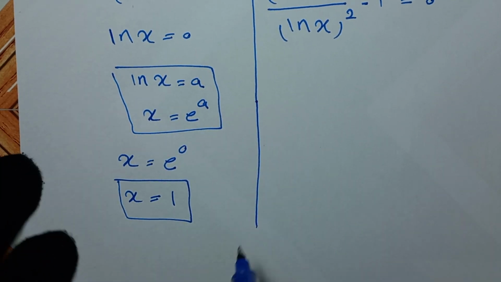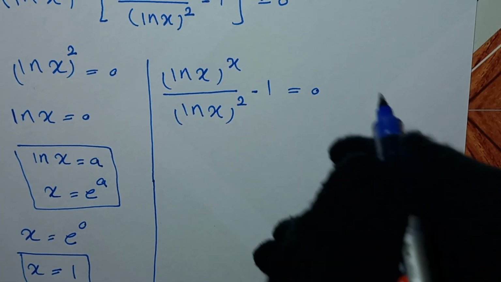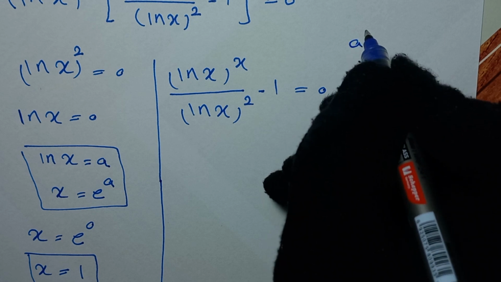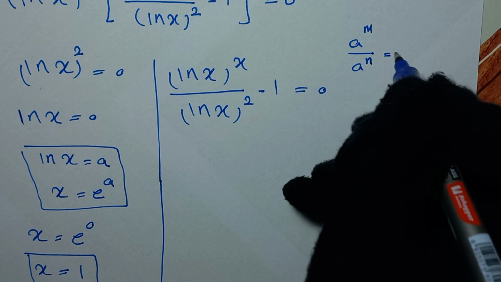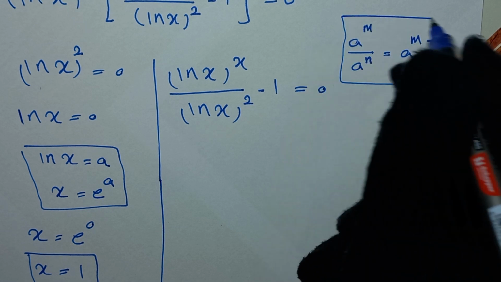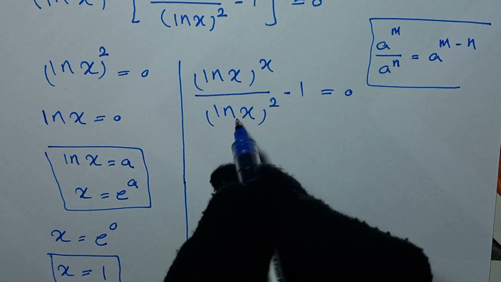And here, as you know, if we have a to the power of m over a to the power of n, we can write this as a to the power of m minus n, right? So here we have (ln x)^x over (ln x)^2.